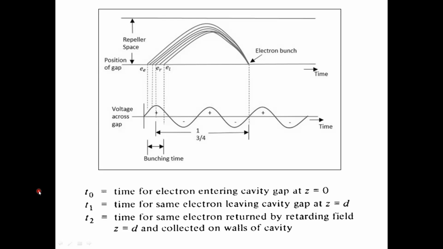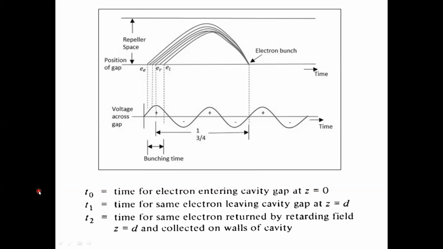Similarly, after a certain distance D, the time value equals T1. At the end, when electrons are ready to be returned by the repeller voltage, that is mentioned as T2. So I think everybody has understood the timing constraints.